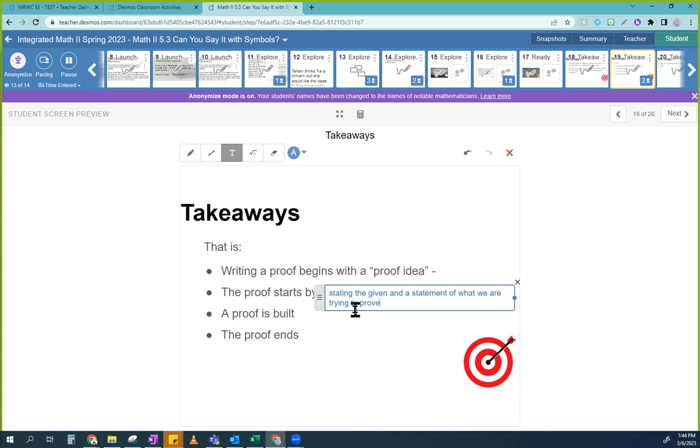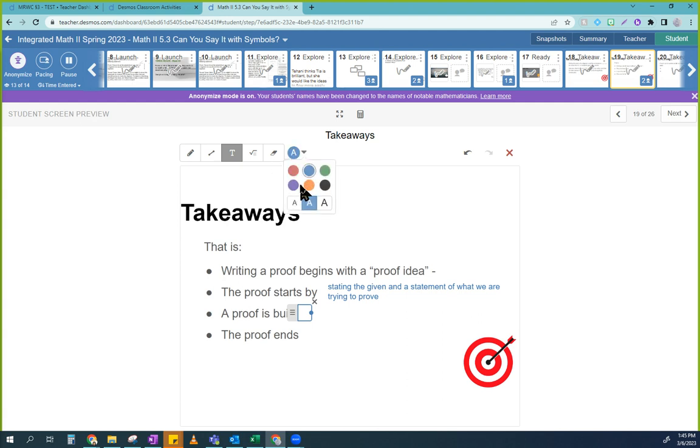In that last one, we were trying to prove that those angles are congruent. So the proof is built in successive logical steps. Like I like saying, and now what? Or because why? Those are the two questions I ask myself over and over again.